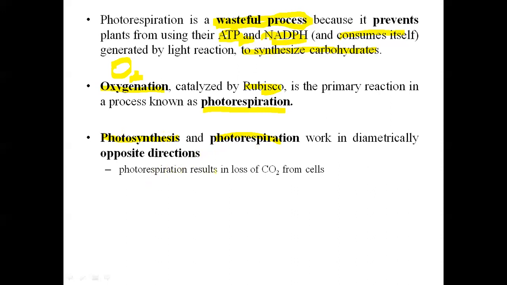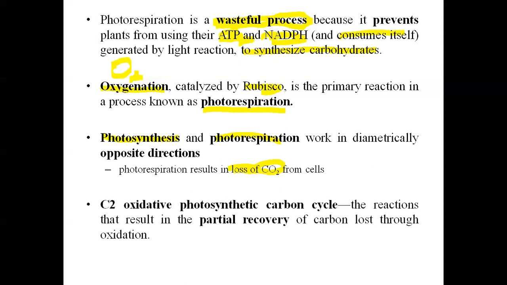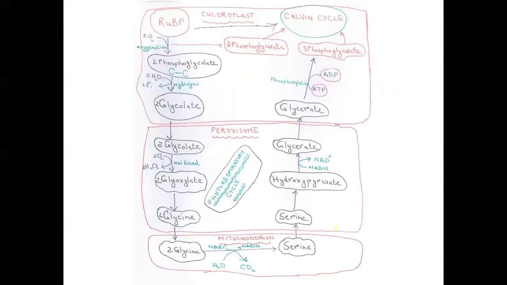So photorespiration will result in loss of carbon dioxide from the cell, while photosynthesis will produce the 6-carbon compound, that is the glucose molecule. This reaction, photorespiration or the C2 oxidative photosynthetic carbon cycle, results in the partial recovery of carbon which is lost during oxidation.